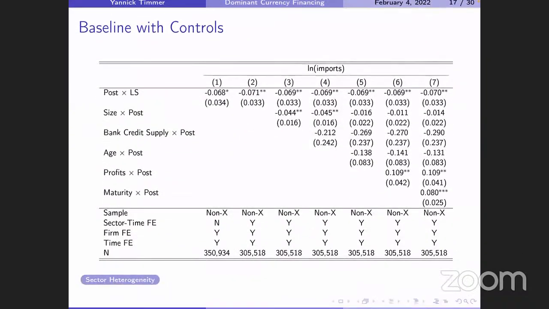So when we control for all of these characteristics in our baseline regression, we indeed see that the coefficient on the interaction between the post-dummy and the liquidity shock is not changing, and it stays virtually the same. We also include sector times time fixed effects, and these are not really affecting our results.